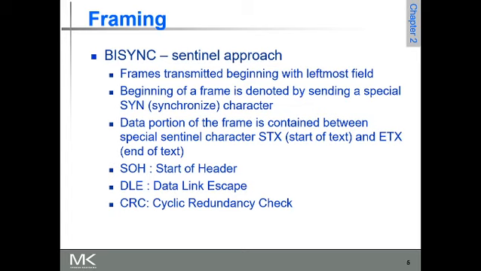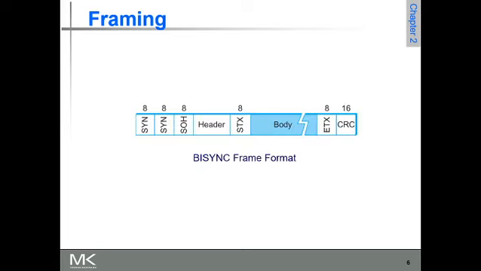BISYNC protocol. We call that approach the sentinel approach. What is a sentinel approach? The BISYNC protocol illustrates the sentinel approach to framing. Its frame format is shown in the figure. The beginning of a frame is denoted by sending a special synchronization character SYN.